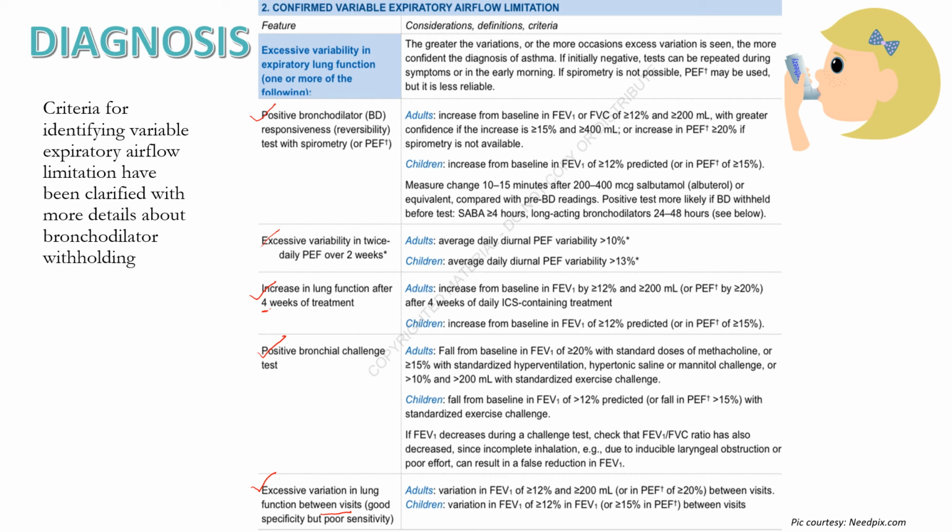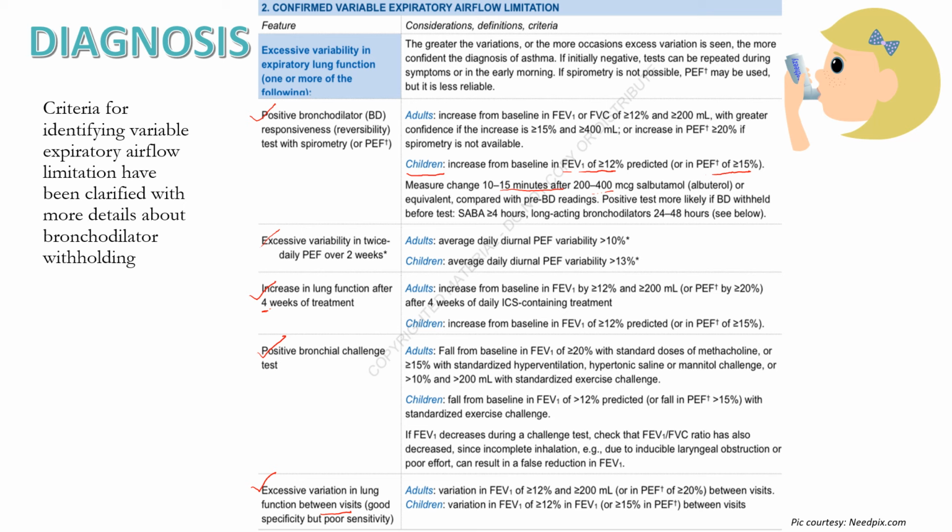So the criteria for identifying the objective parameters which have been mentioned by the GINA are as follows. We are basically focusing on children. A positive bronchodilator responsiveness with spirometry or PEF is defined as FEV1 of more than or equal to 12% of the predicted, or PEF more than or equal to 15% of the predicted, measured 10 to 15 minutes after administration of 200 to 400 micrograms salbutamol.